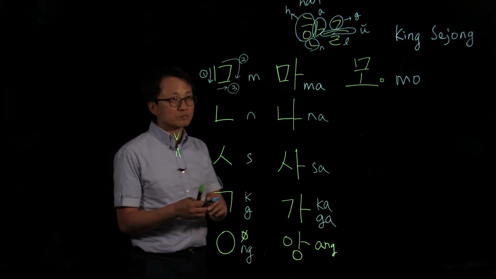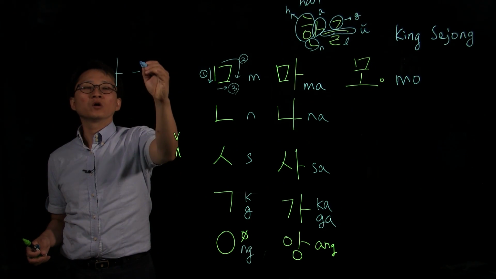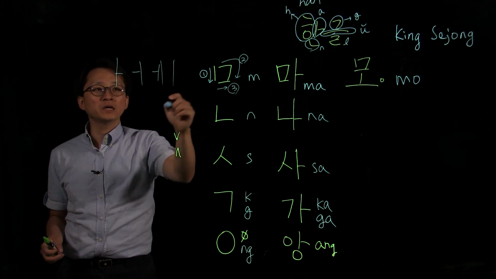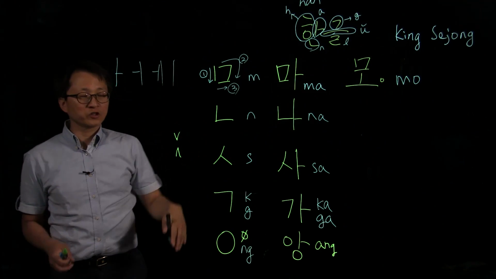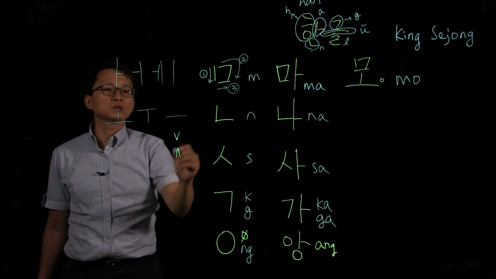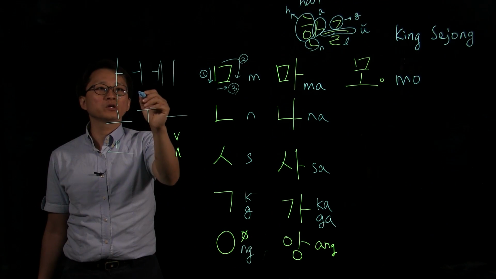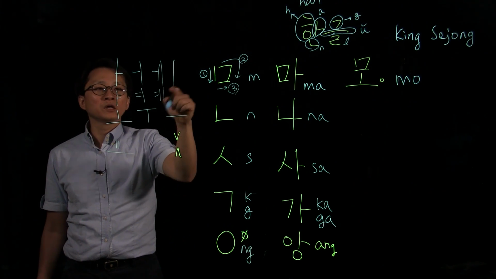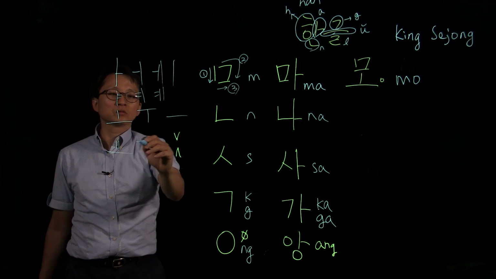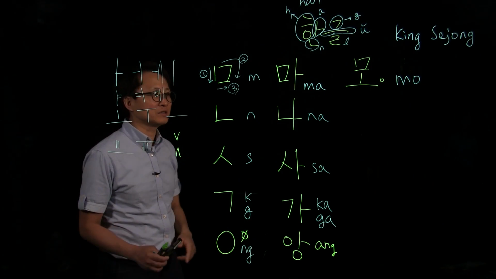Okay? So which ones are long vertical-lined ones? Ah and eo and E, those kinds of E are long vertical-lined ones. And O, U, and U, and what else? Well, Yo, and we learned Yo, Ye. So they just go on the right side, and the others go below, right? So yeah, it's easy.